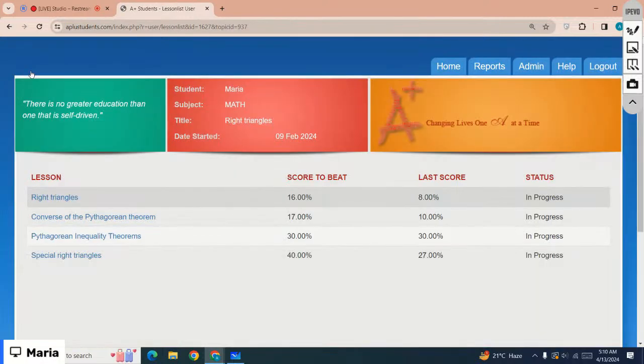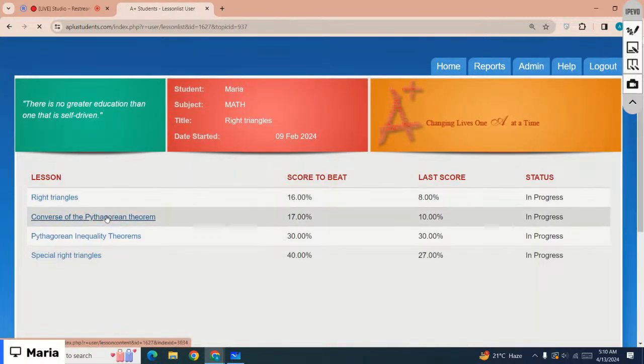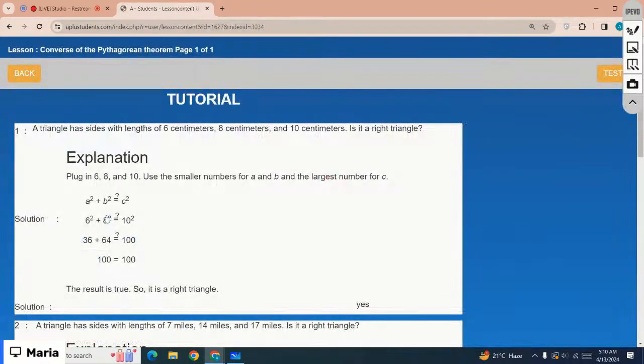Let me just move on to the next lesson, that is the converse of the Pythagorean theorem. A triangle has sides with lengths of 6 centimeters, 8 centimeters and 10 centimeters. Is it a right triangle? Basically, you are given the measurements of a triangle and you have to see if they form a right triangle, right? So the hypotenuse is always the greatest in length.